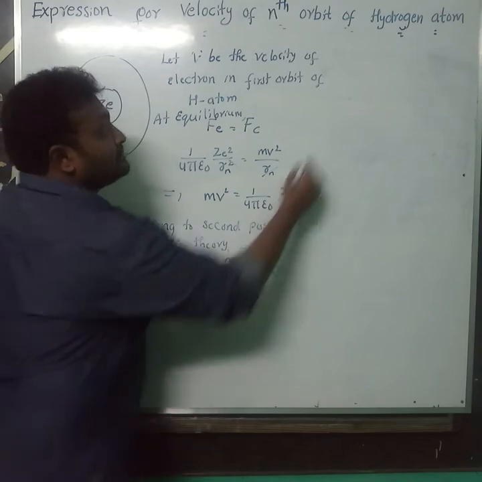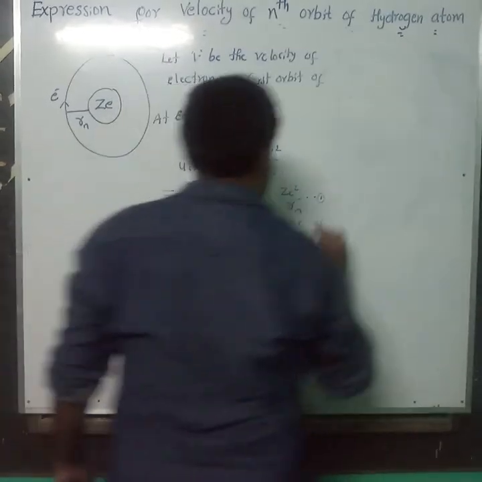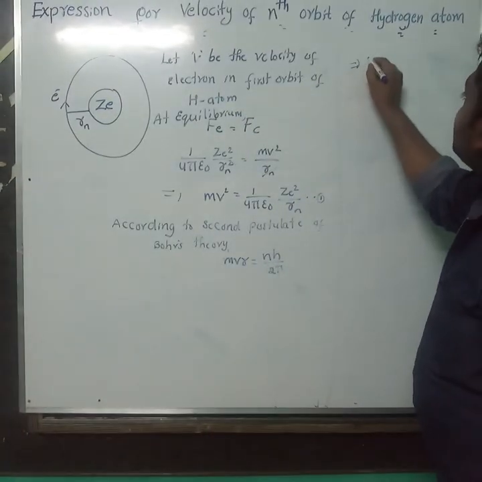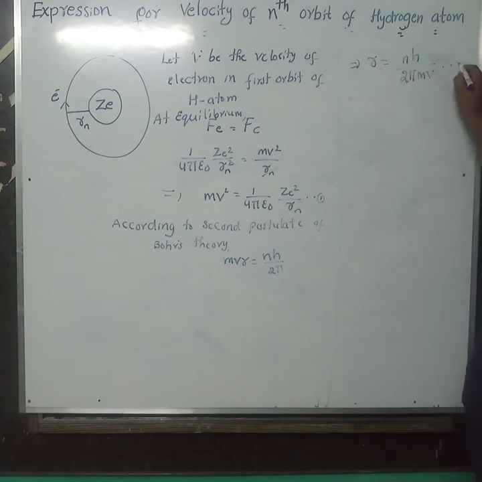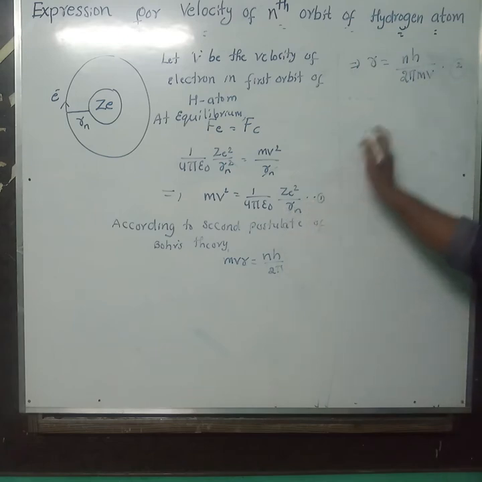What do you get here? That implies r is equal to nh by 2 pi into mv. Substitute this equation here, we get velocity.